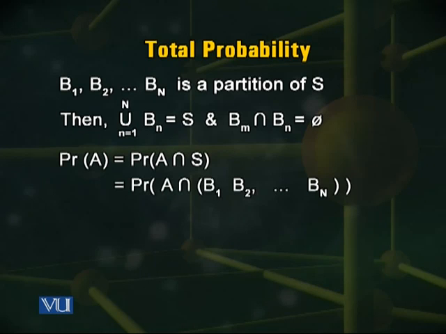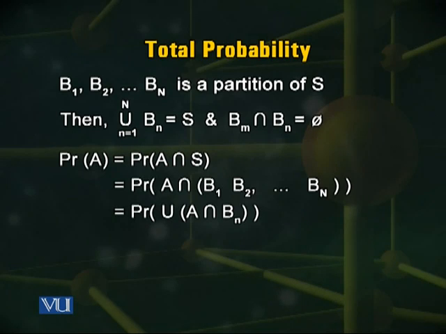And then you break this sample space as the union of B1, B2 and Bn, and then change the sequence of operations of intersection and union, and you get the probability of a union of a few events, where these events are A intersection with B1, A intersection with B2, A intersection with B3, etc.